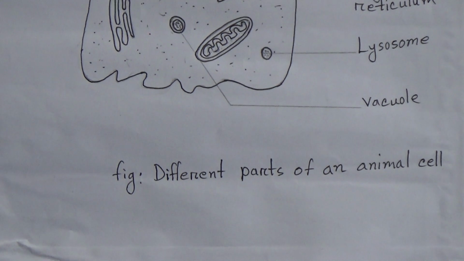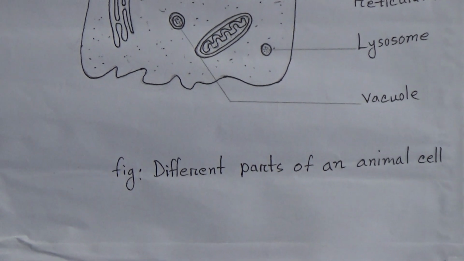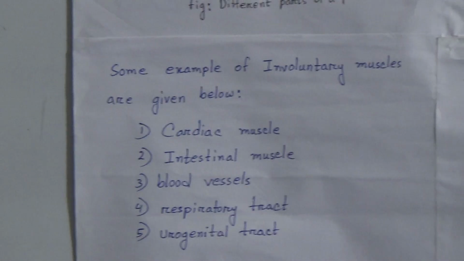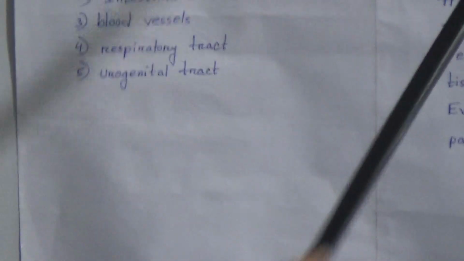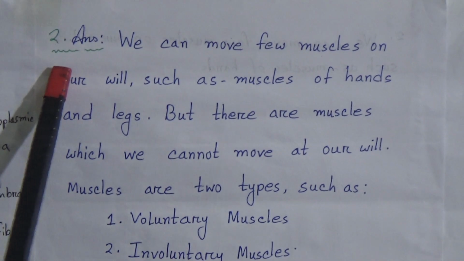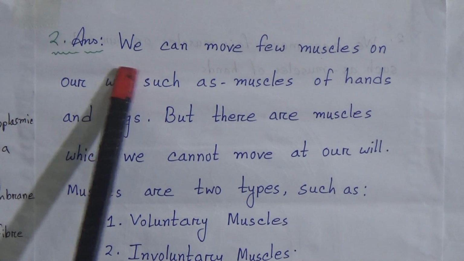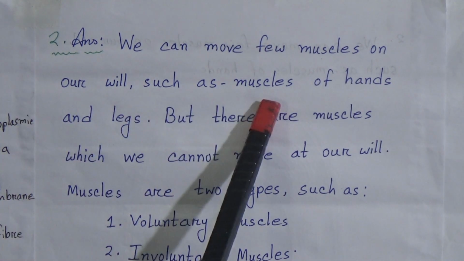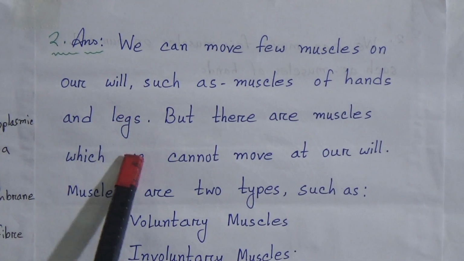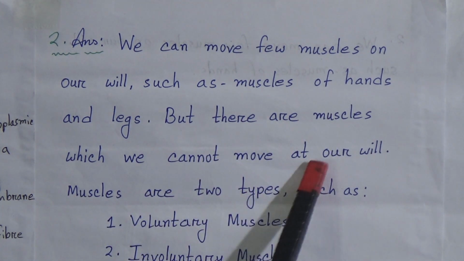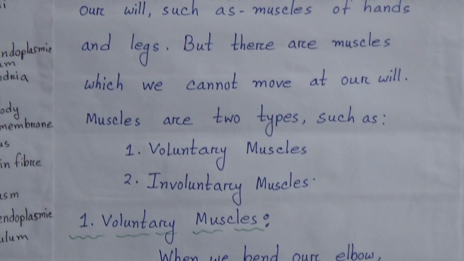For question 2, the question was make a list of the voluntary muscles and involuntary muscles of the human body and write it in paper. I have written here the answer. We can move a few muscles at our will, such as muscles of hands and legs. But there are muscles which we cannot move at our will.